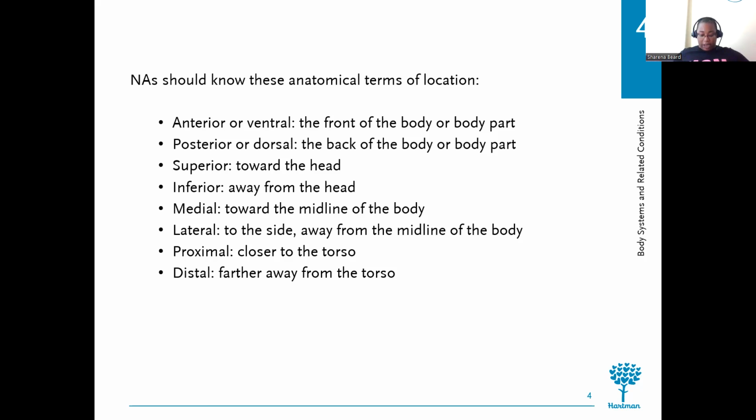Distal is further away from the torso. So my toes and my foot, they're all distal to my waist. My hips, maybe, are proximal. They're closer to the torso.